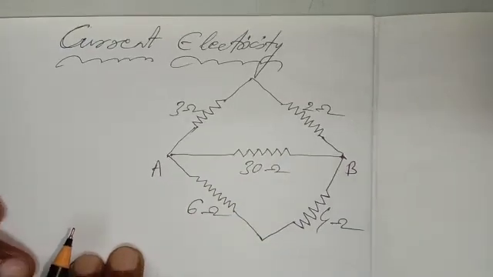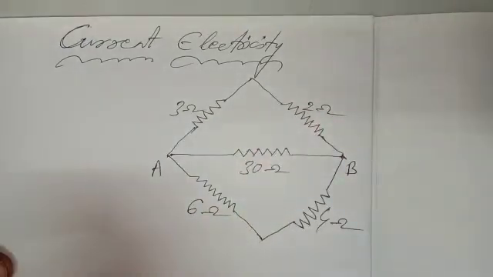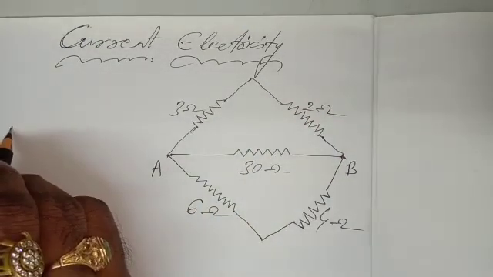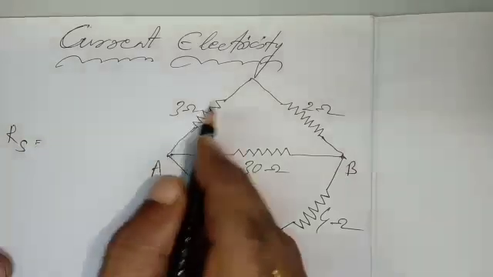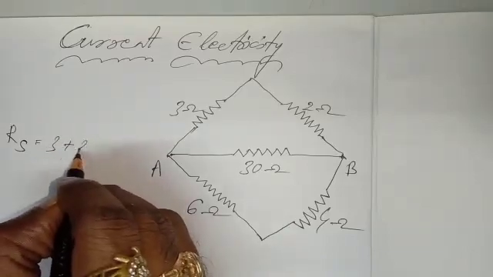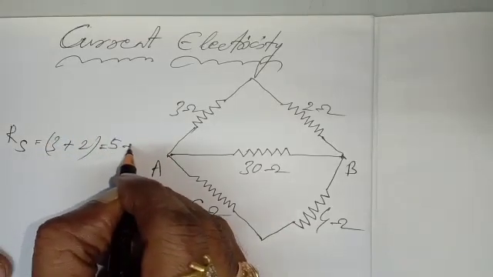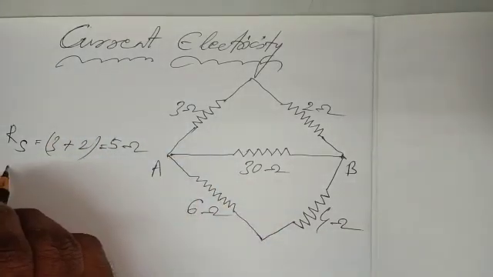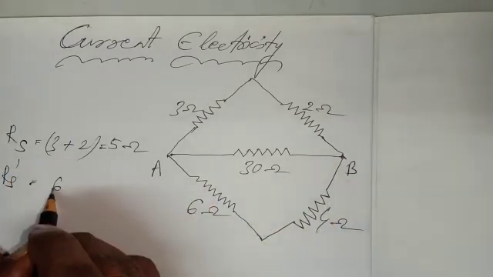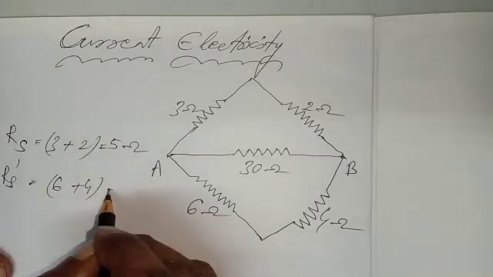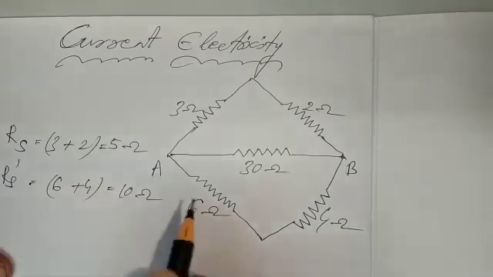So from the figure it is clear that 3 ohm and 2 ohm are in series. Therefore, this Rs will be series connection, 3 ohm plus 2 ohm, that will be 5 ohm. And here Rs dash, 6 ohm and 4 ohm are in series, that means 6 plus 4 is equal to 10 ohm.